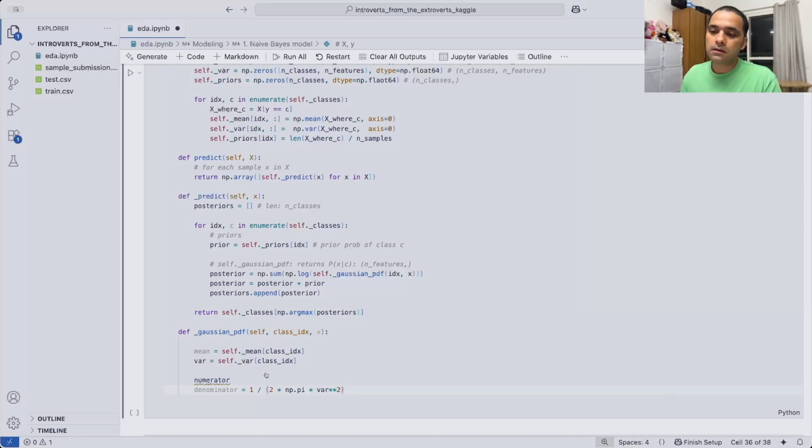Sorry, sigma square means it is variance, not variance squared. So whatever is happening here, it will all be a vectorized calculation.